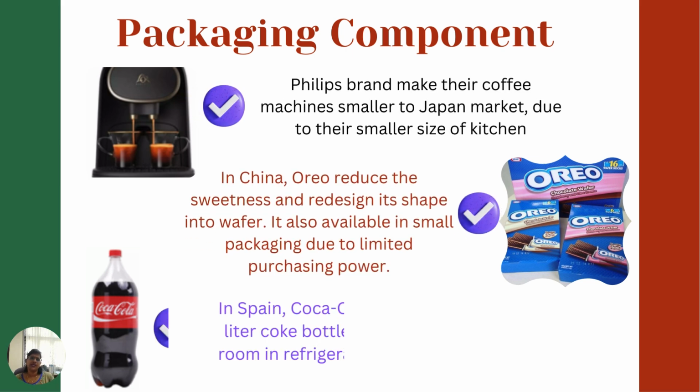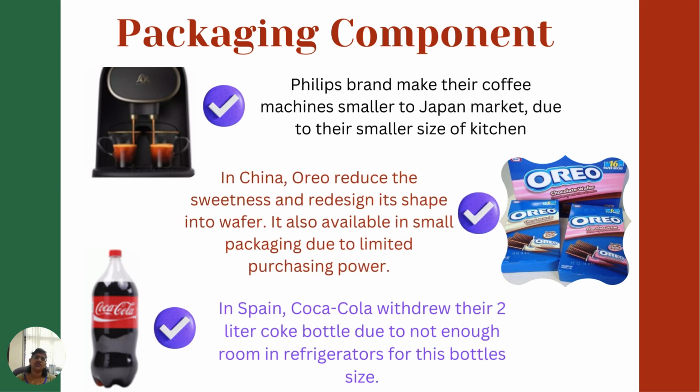Other than core component adaptation, the packaging component is also one of the elements that you can adapt. For example, Philips introduced a smaller coffee machine to Japan. Why? Because the size of the kitchen in Japan is quite small. The same thing goes for Oreo in China. Initially, when Oreo entered the China market, they came out with a round shaped Oreo that was too sweet, in a large packaging that people could not afford because it was quite expensive.